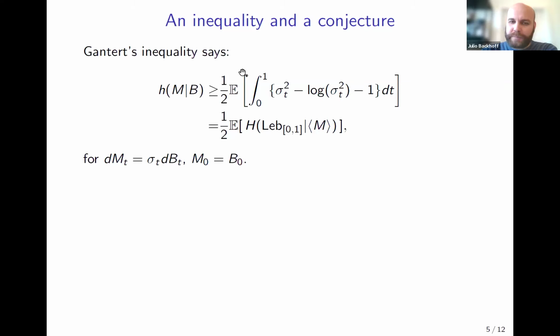It is written here, and sigma square will be the volatility of the martingale M. And you see, this is nothing but the expression that we already knew if the martingale was just a multiple of Brownian motion. In that case, sigma square is a constant. So what you need to do for the lower bound is just to imagine that you integrate in time and in omega. And this is indeed what she proved.